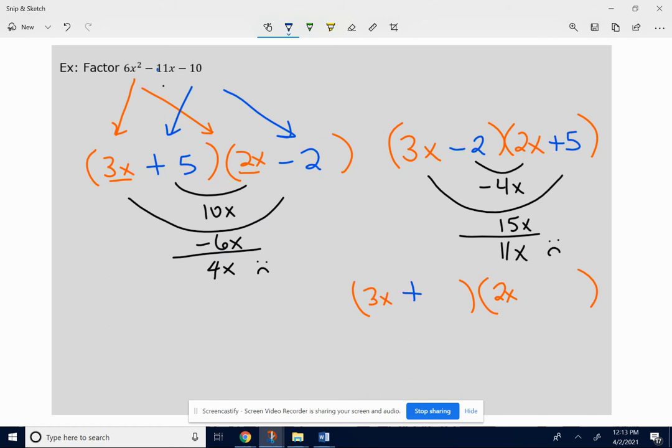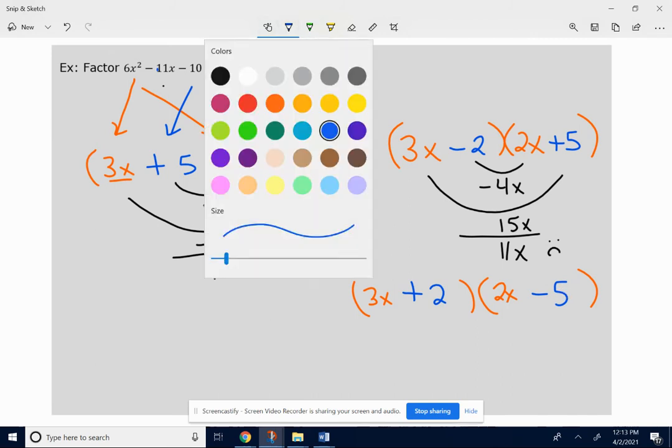A positive 2 times a negative 5 will give me a negative 10. So this problem may work. My 3x times 2x gives me my 6x squared. That's good. My positive 2 times my negative 5 gives me my negative 10 on the end. That's good. I just need to get the middle term to work out.